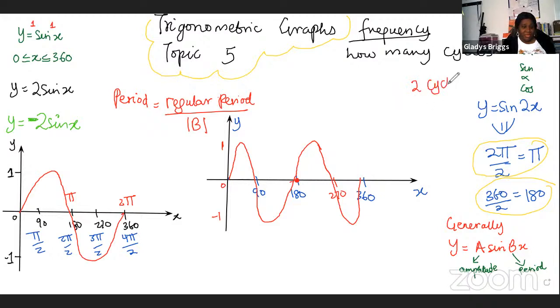Okay, I have 2 cycles instead of 1 cycle of the S shape. I have 2 cycles, one here and another one here. Okay, because it is sine 2x, not just sine x. So I'm going to have 2 of them.